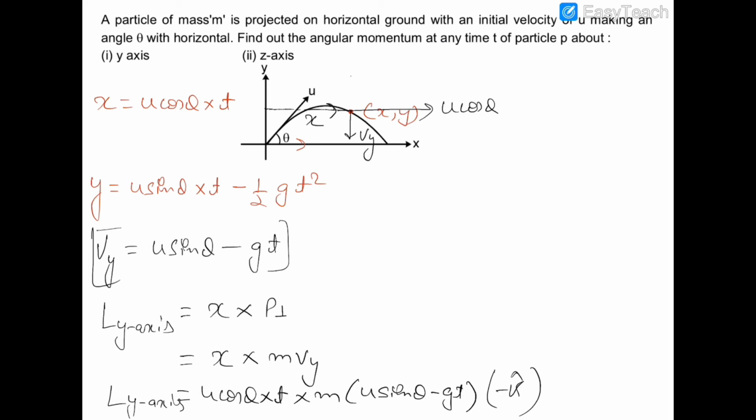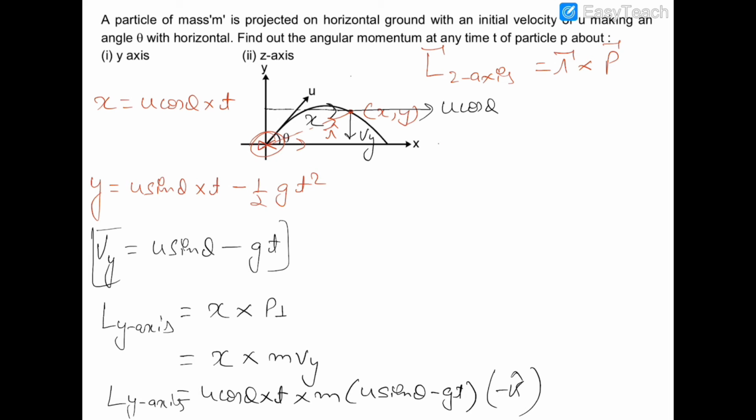Now we have to find out the angular momentum about the z axis. So this is the z axis which is coming out of the plane like that. So let us first of all join the z axis with this particle like that, and this is the r vector. So angular momentum about the z axis will be r cross p, where p is the net momentum.